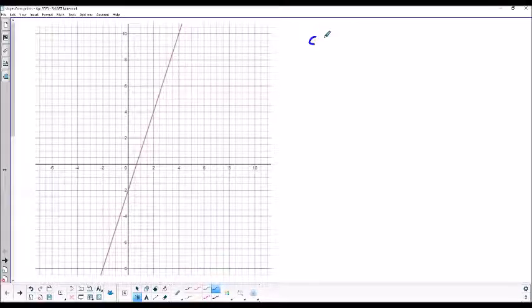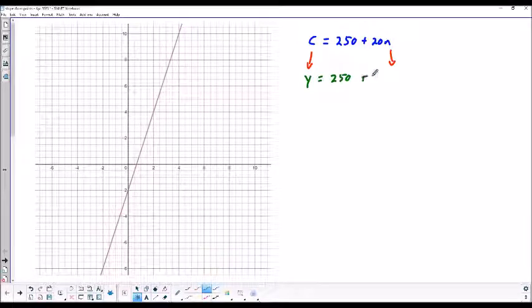So I believe the last example we had something like c equals 250 plus 20n, and we extended this in general form to y equals 250 plus 20x.